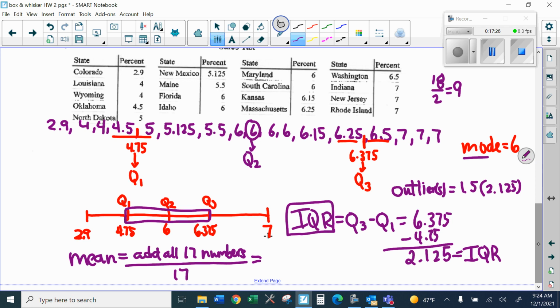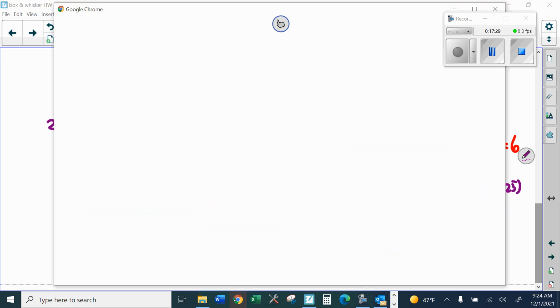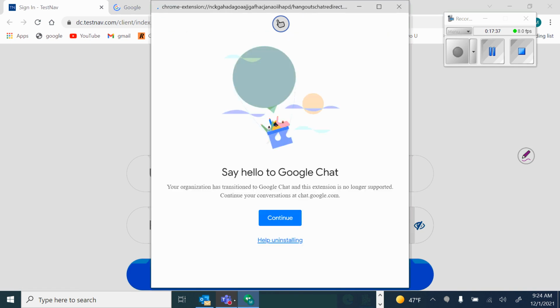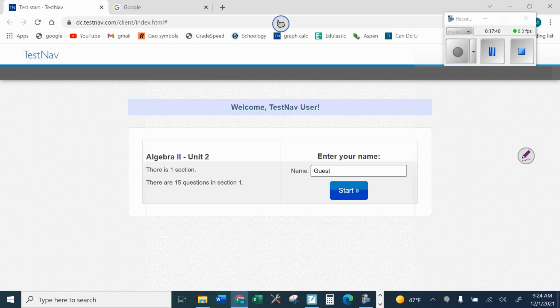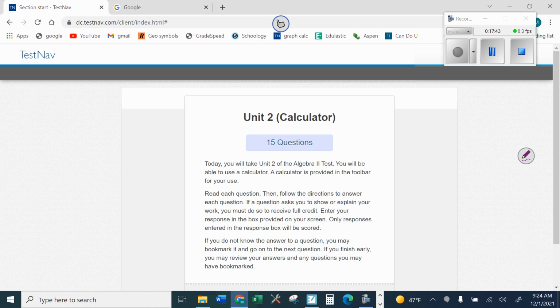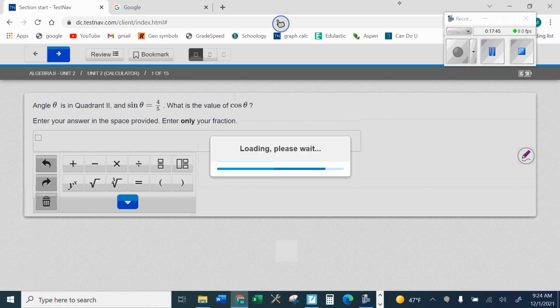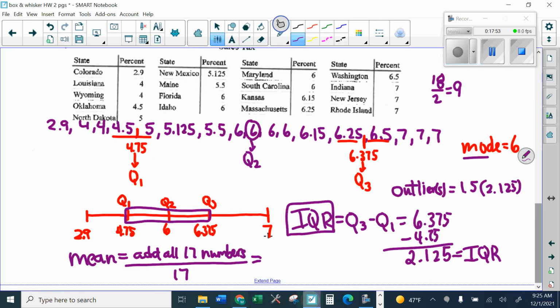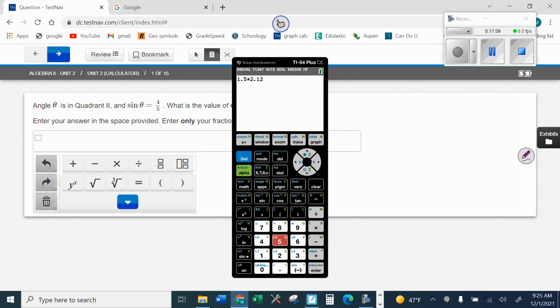Okay, put that in the calculator. There's your calculator you'll be using on the DCAS. Okay, 1.5 times 2.125 equals 3 point, well, that's 3.1875.